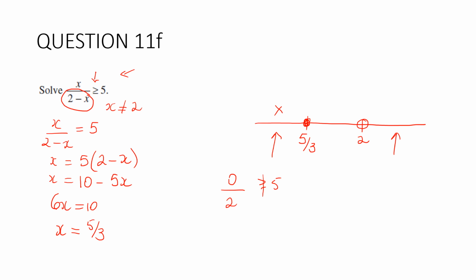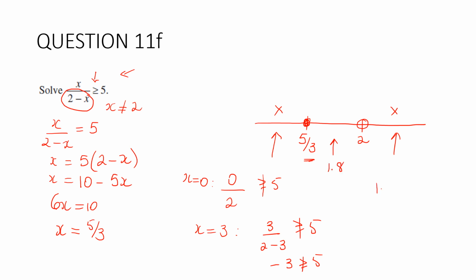Okay, now let's try something in here. So let's say 3. So x is equal to 3. Putting 3 in. 3 over 2 minus 3 is greater than or equal to 5. This is 3 over negative 1. So negative 3 is greater than or equal to 5. No, it's not. And finally, testing something in here. Let's see, that's 1.6. And let's try 1.8.